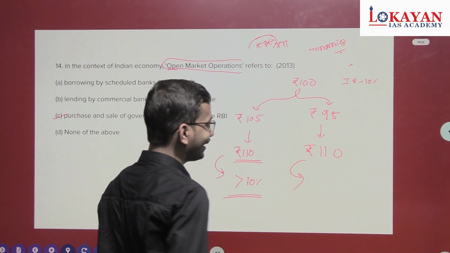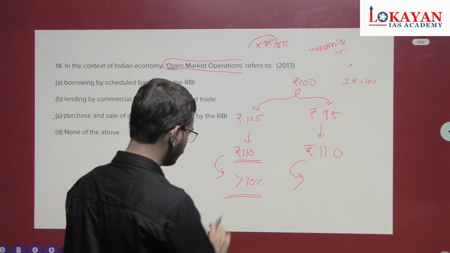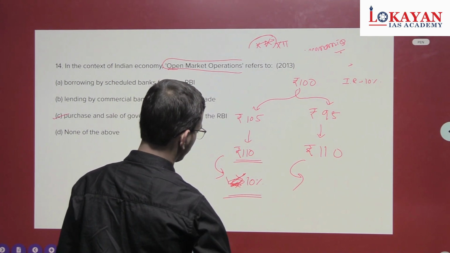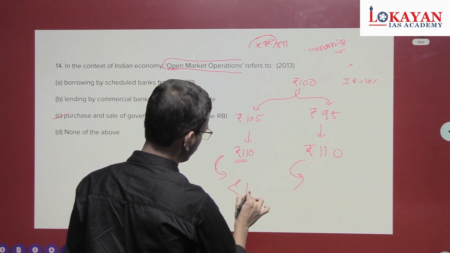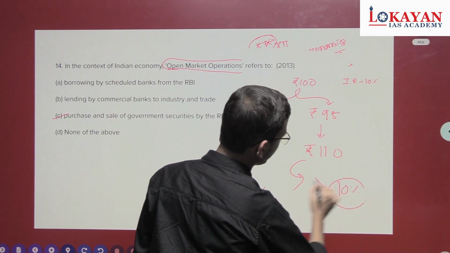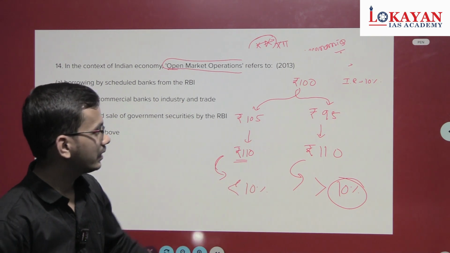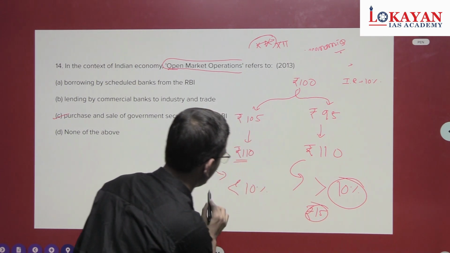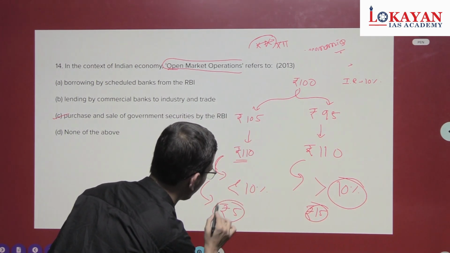So obviously the interest rate that he will have is more than 10%. Here yield is maximum. Here he is getting rupees 15, and here rupees 5.